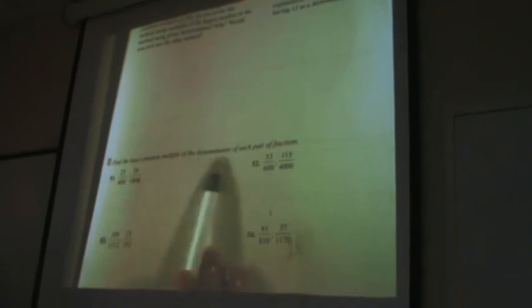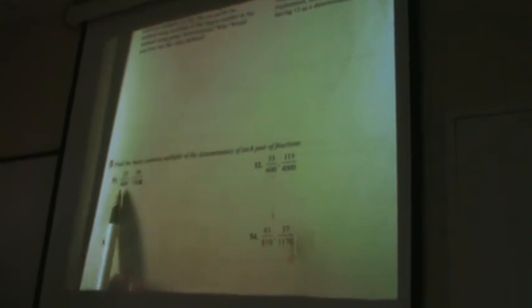Okay, if we're given two fractions, and it wants you to find the least common multiple, these problems right here, 51, 52. These say find the least common multiple of the denominators. So you don't even have to look at the top, you're just looking at the denominators. Find the least common multiple of 400 and 1800, or find the least common multiple of 600 and 4000.